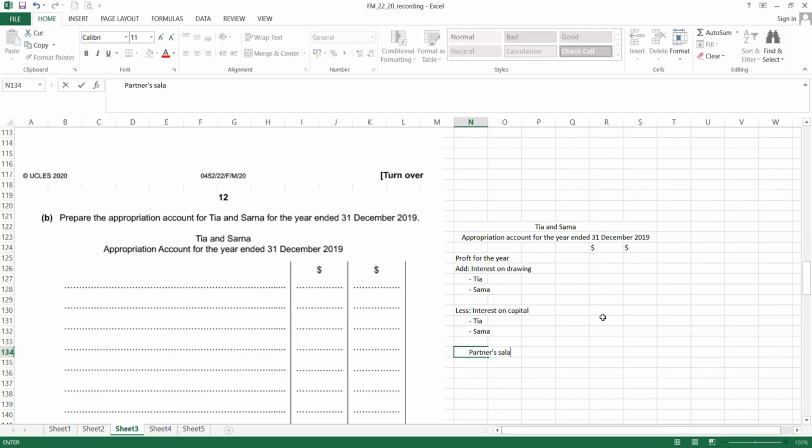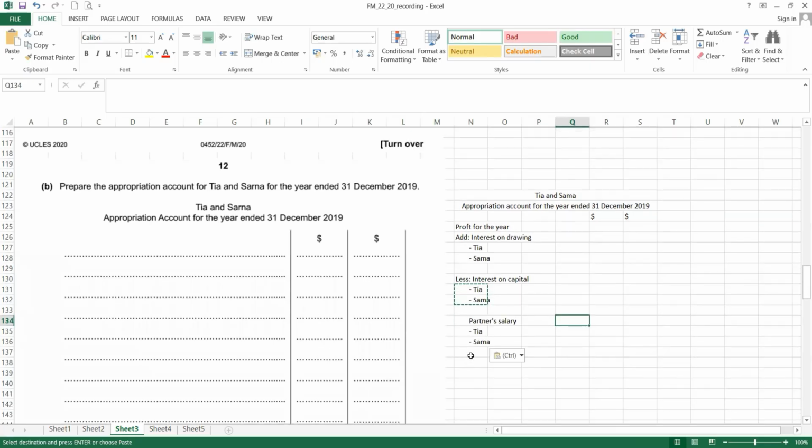We don't know who is taking the salary, so we put down the name first because the question is in the additional information. So these are the items that we normally have. Then after that, we calculate the balance of the amount to be shared. Share of profit, both appear.